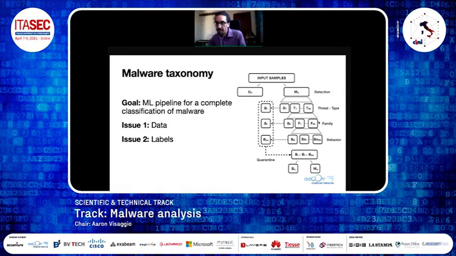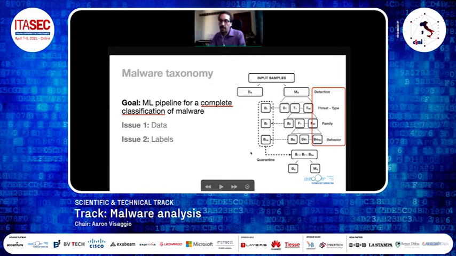Going into deeper detail, we classify it by family, a finer classification of the type, and lastly the main behavior that characterizes this sample. We will describe the last stage, the quarantine stage, in a moment.